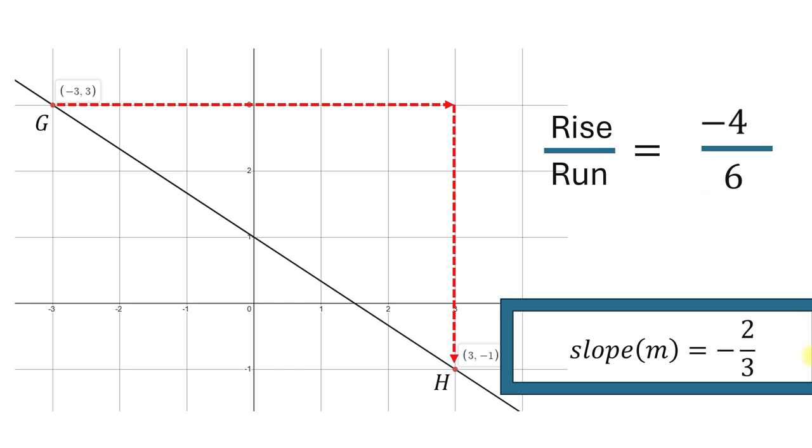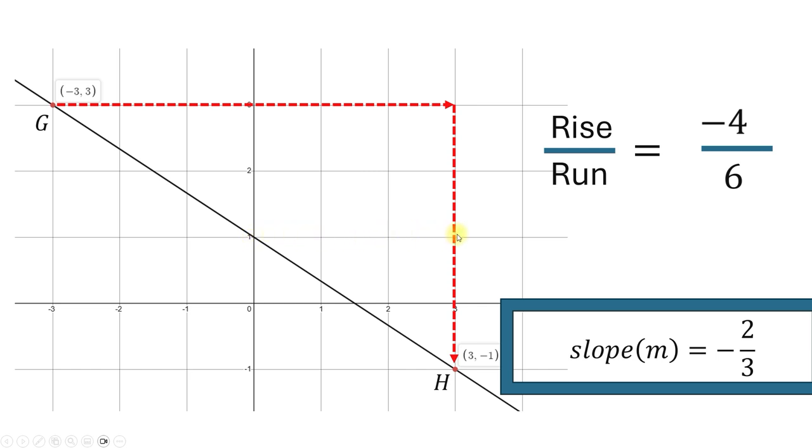And if we look at this slope of -2/3, it tells us that for every 3 units we move along the x-axis, we'll go down 2 units along the y-axis. We can check this by going 1, 2, 3, and then down 2, which takes us right back to the graph.